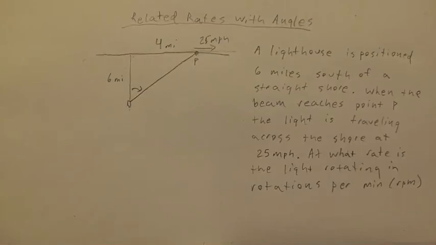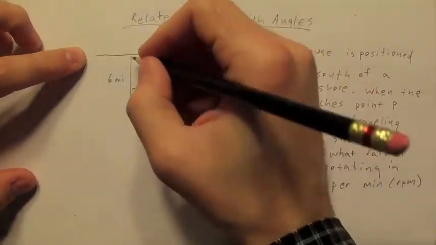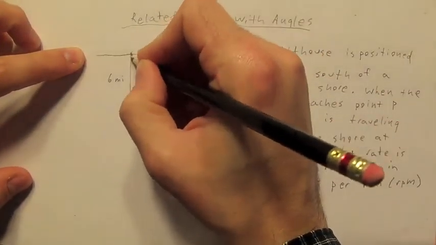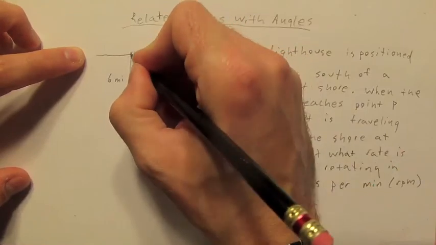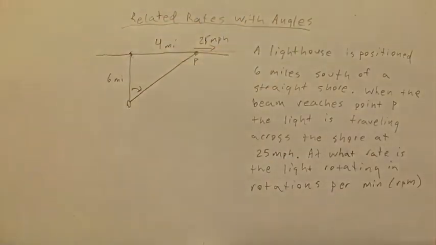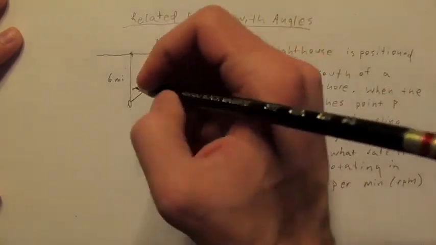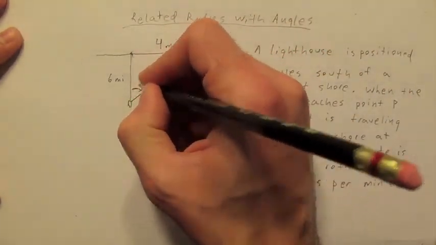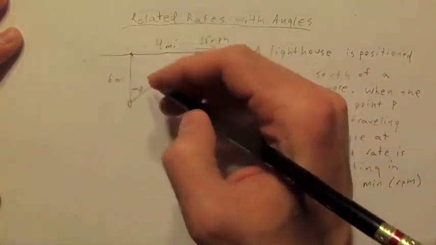So here's basically what we're going to do. Now, this point P is 4 miles away from this point directly north of the lighthouse. What we want to do is find the rate at which it's spinning, and what that basically means is as the light spins, we have this triangle being made.